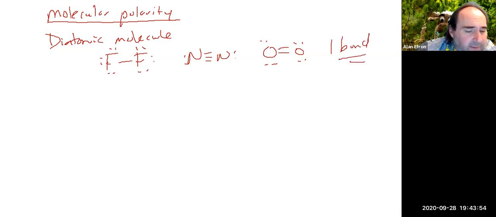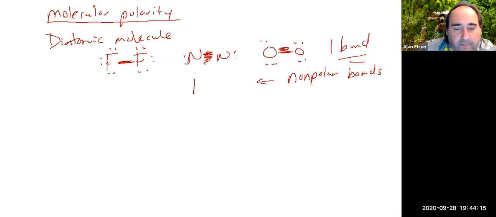And each of these bonds is a nonpolar bond because they're the same element, which means their electronegativity values will be the same and they share the electrons equally. Because these are all nonpolar bonds, and there is only 1 bond, the molecule would be a nonpolar molecule as a whole.